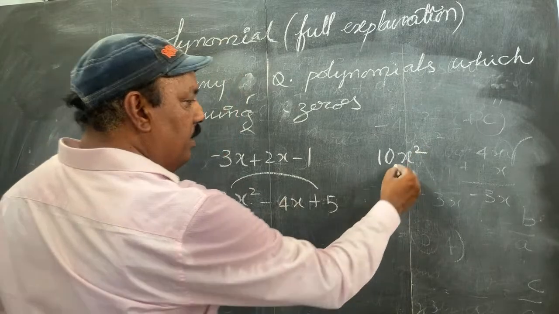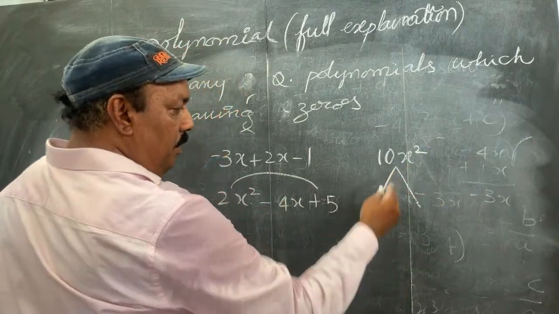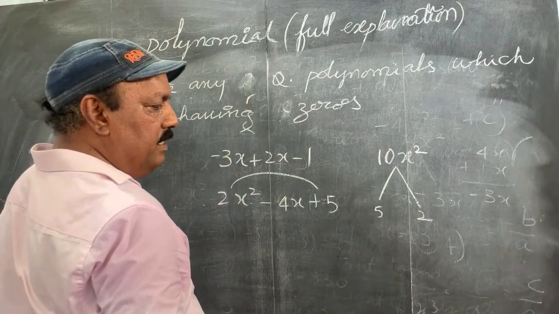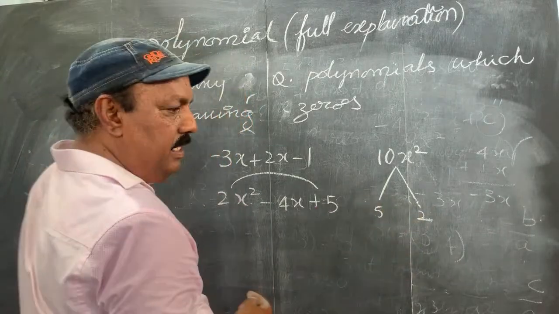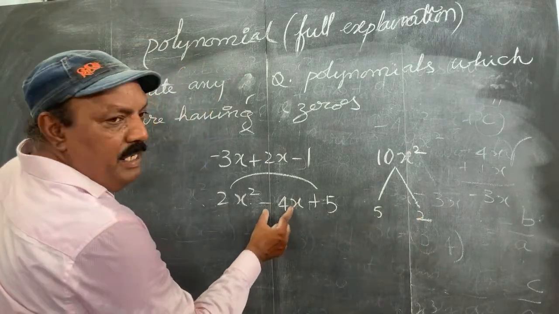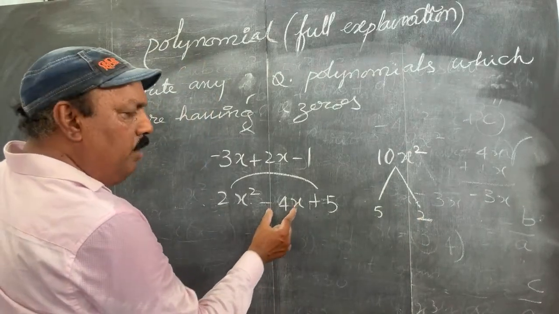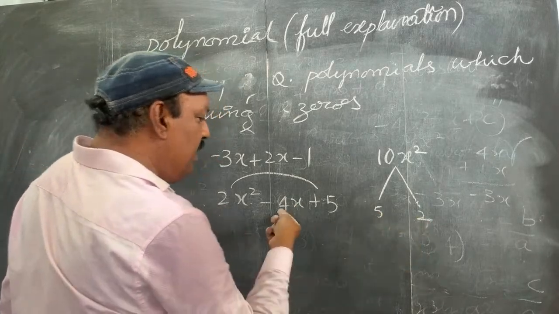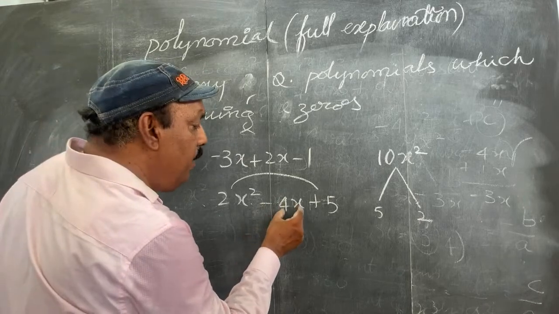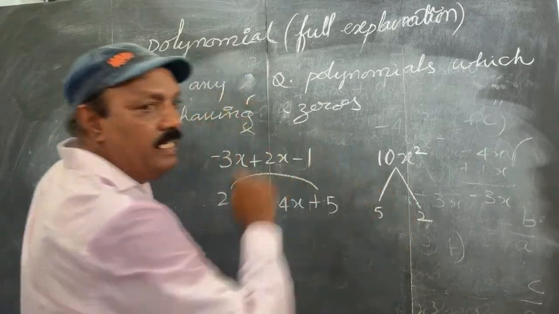We are finding the factors here, means 5 twos are 10, one factor is there, or 10 ones are 10, one factor is there. But if 5 and 2 are not bringing the middle term, 5 plus 2 is 7, no, 5 minus 2 is 3, no, we are not getting the middle term, so these are not factors.